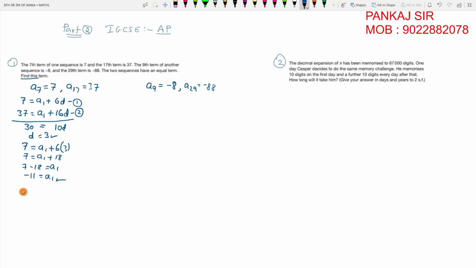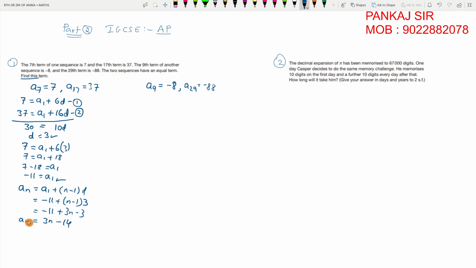So my general term, or the nth term, I can write as An is equal to A1 plus n minus 1 times D. This is equal to A1 is minus 11 plus n minus 1 times D, which is 3. So this will work out to minus 11 plus 3n minus 3, which works out to 3n minus 14.